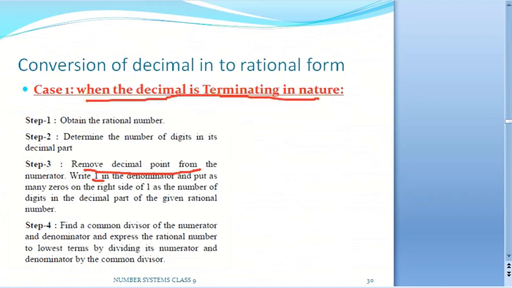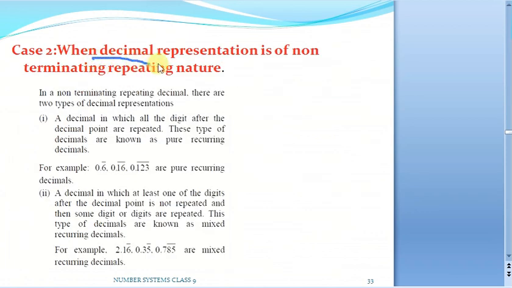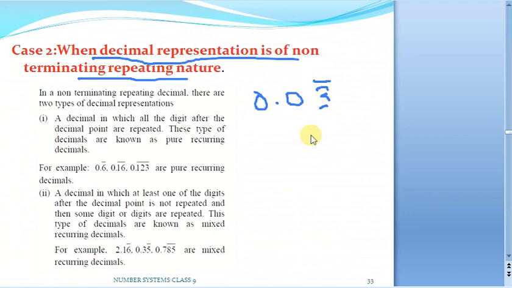Okay. What if our decimal expansion is non-terminating, repeating in nature? It is non-terminating but it will repeat. In this case, we can make 2 cases. The first case, suppose you take 0.03 bar, and the second case is 0.3 bar.